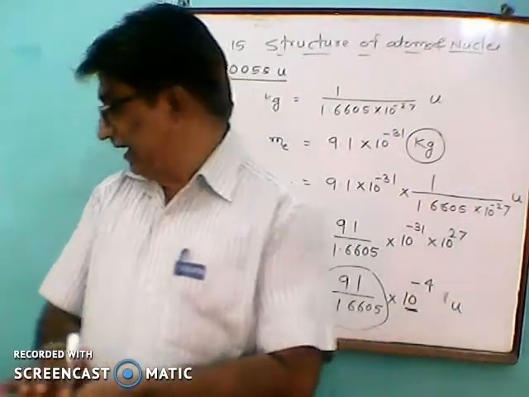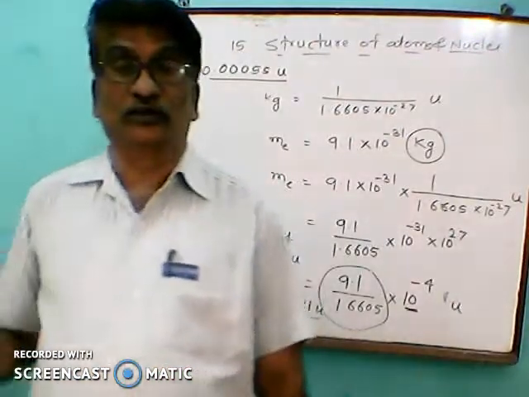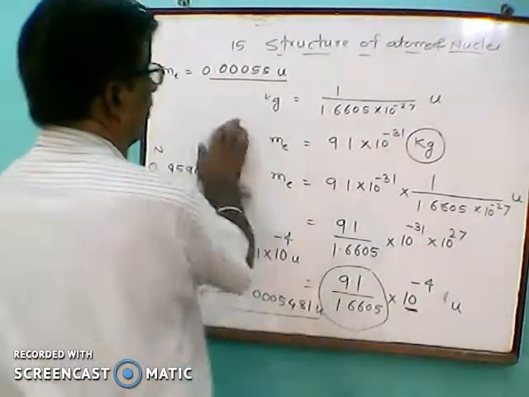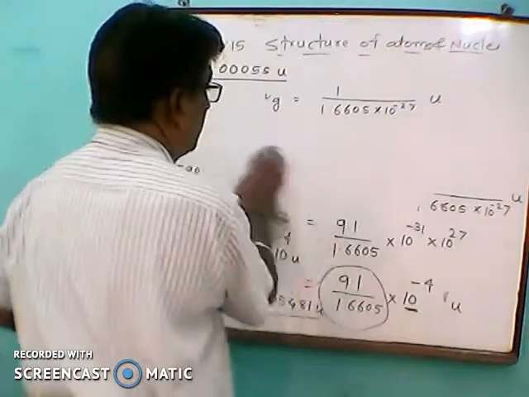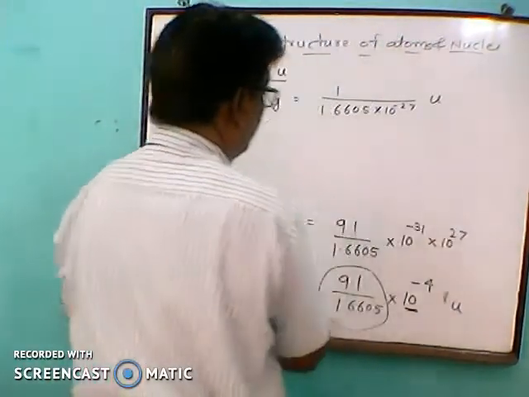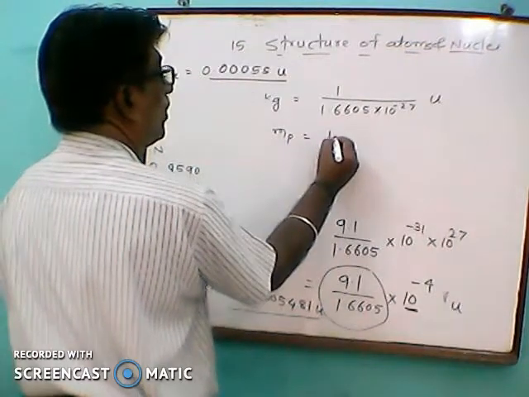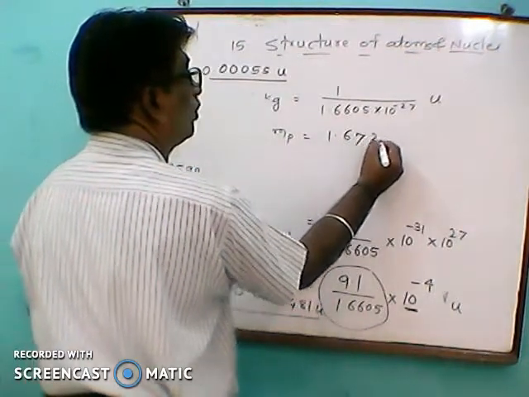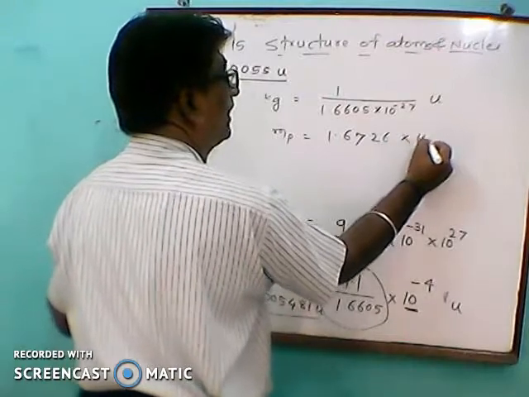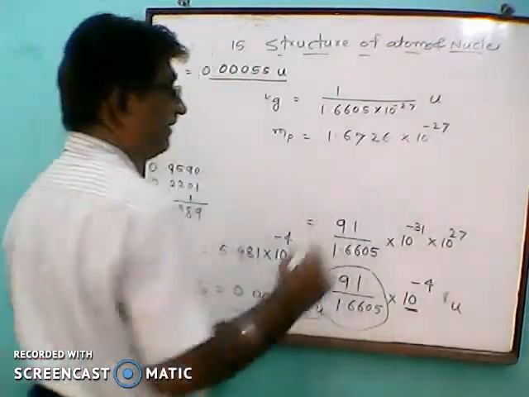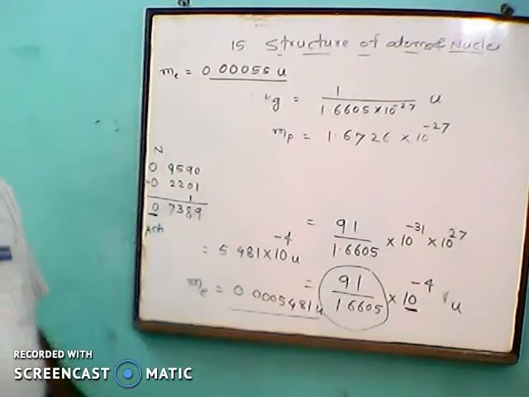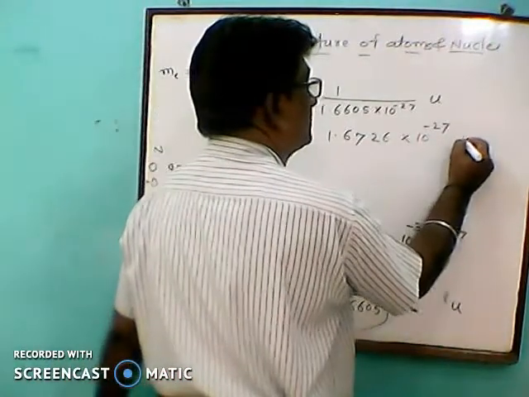Similarly, we can calculate for proton. The mass of proton is 1.6726 into 10 to the power minus 27 kg.